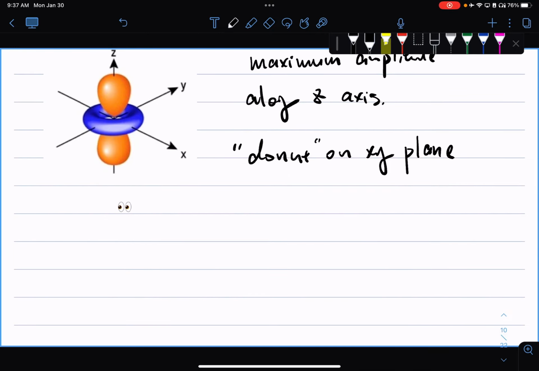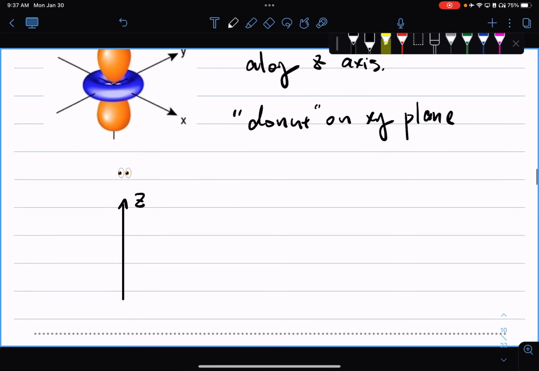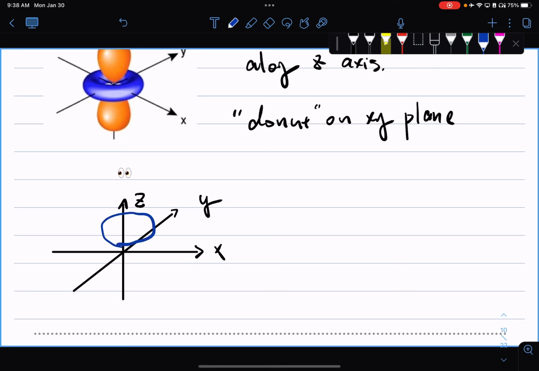So if you draw it out, say this is my z-axis, and here's my x and y-axis. The way we normally draw it is something like this, with a donut.